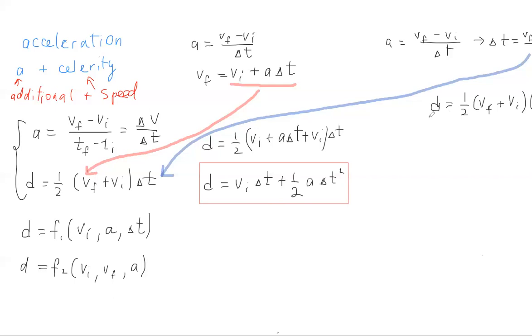Excellent. So that's what we're going to use. So I'm going to write here D equals v final squared minus v initial squared, and over 2a. So 2 and a are both in denominator, so we can actually put them together. All right. And then we're going to box this thing.